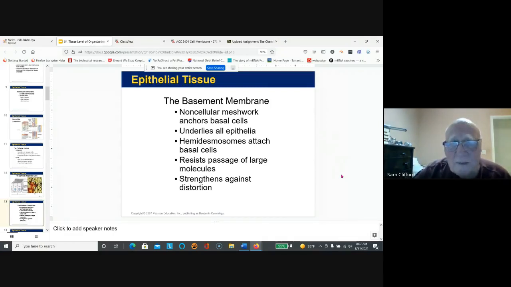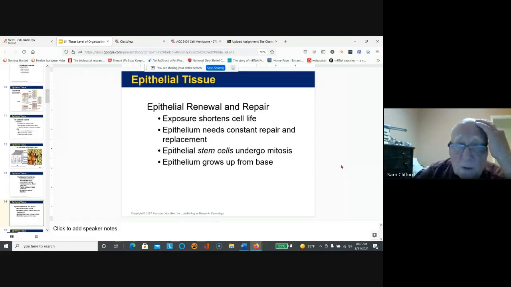Okay, the basement membrane, it's non-cellular, it's in all epithelia, it helps resist passage of large molecules and it strengthens against distortion. Epithelial renewal: cells are constantly growing. You know that your skin cells are constantly rubbing off and dying, and that makes you waterproof.